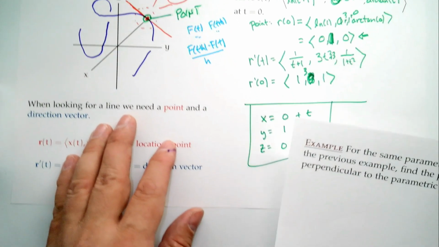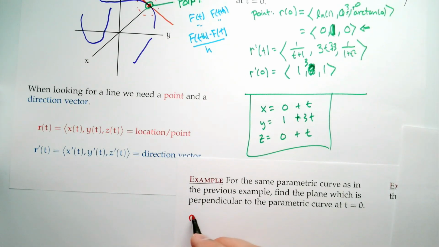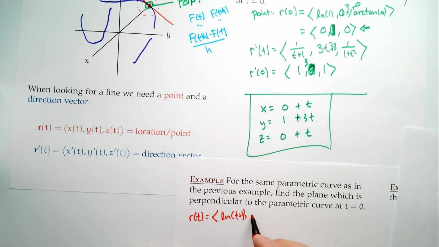So the next one, we're going to sort of continue on here. For the same parametric curve as in the previous example, we should write that down for reference. r of t equals log of t plus 1, comma, t cubed plus 3t plus 1, comma, arctangent of t.